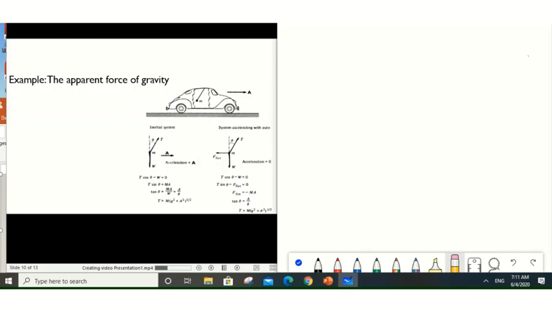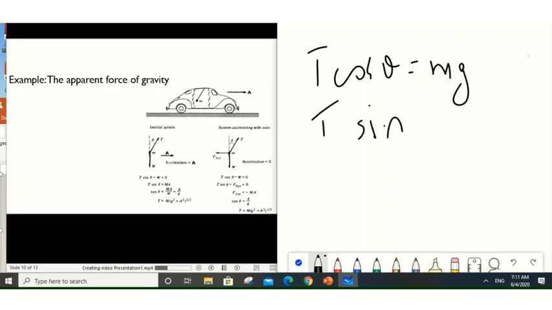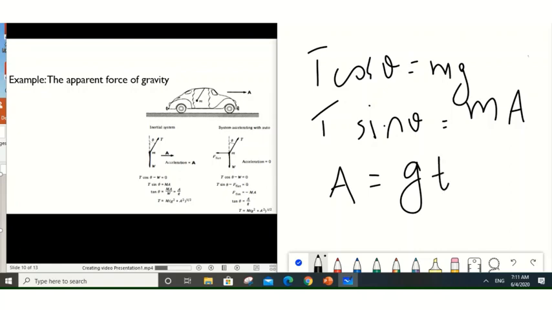One is T cos theta is equal to mg, and T sin theta is equal to ma. a is the acceleration of the car. So again we get the same equation for a by dividing equation 2 by equation 1. We will get a equal to g tan theta.